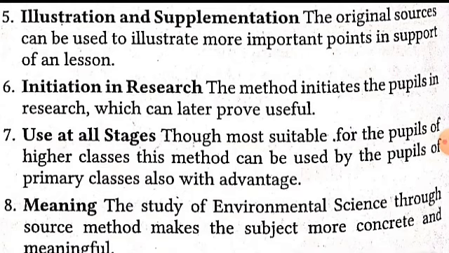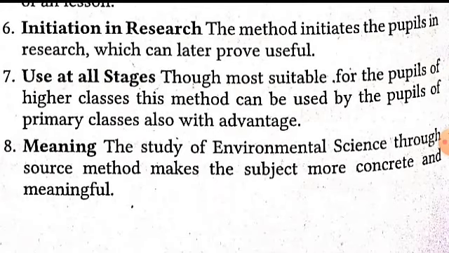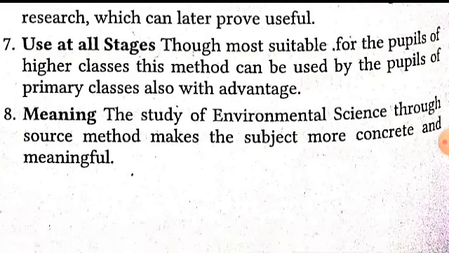The method initiates the pupils in research which can later prove useful. Seventh one is use at all stages. Though most suitable for the pupils of higher classes, this method can be used by pupils of primary classes also with advantage. Eighth one is meaning. The study of environmental science through source method makes the subject more concrete and meaningful.